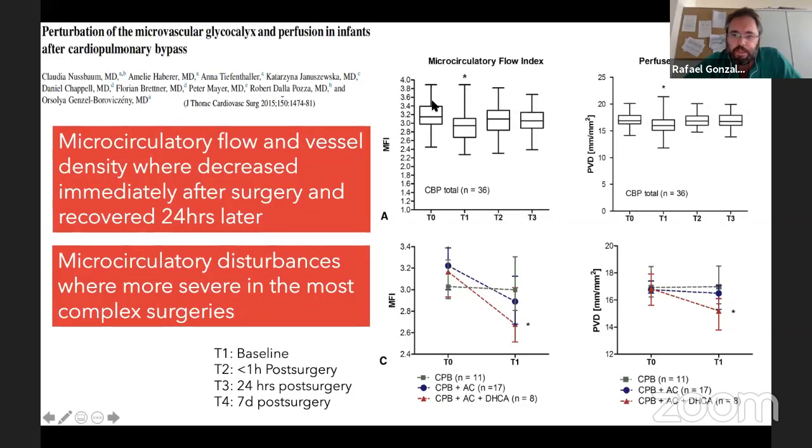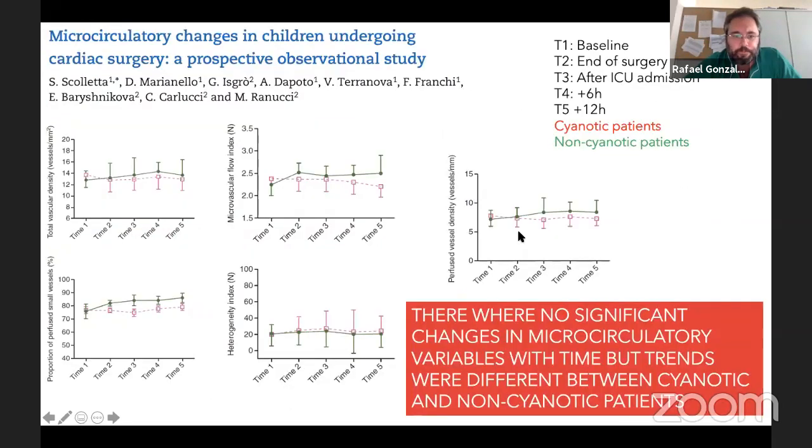We can see in these two graphs how in the first measurement after the surgery, microcirculatory flow index and perfused vessel density were decreased, and these disturbances were more severe in the most complex surgeries. We can see here how those patients with aortic plant or deep hypothermia beside the cardiopulmonary bypass had more severe disturbances.